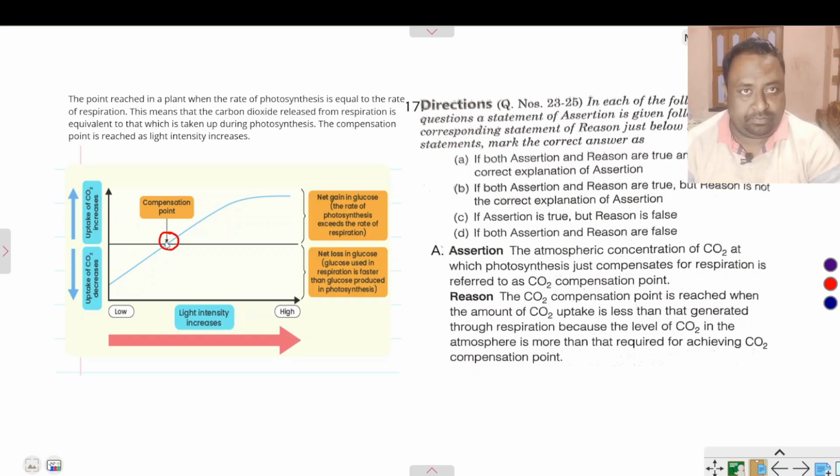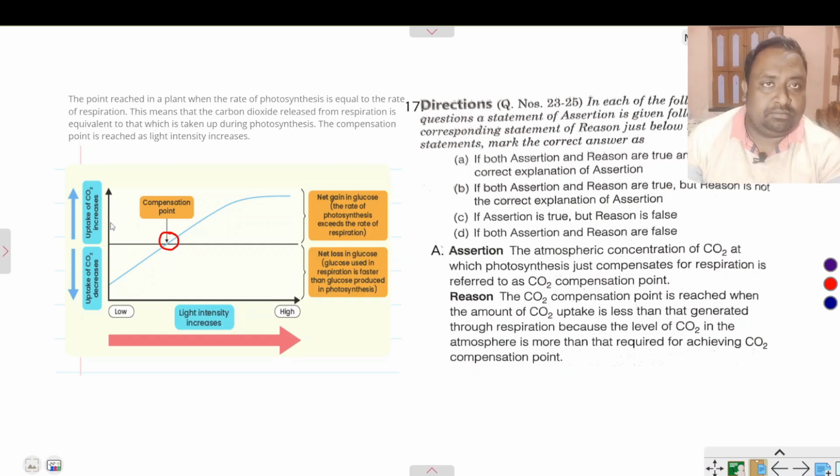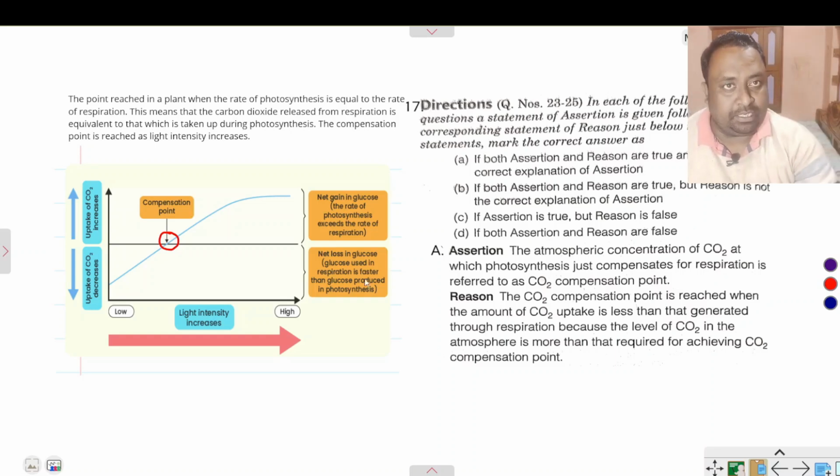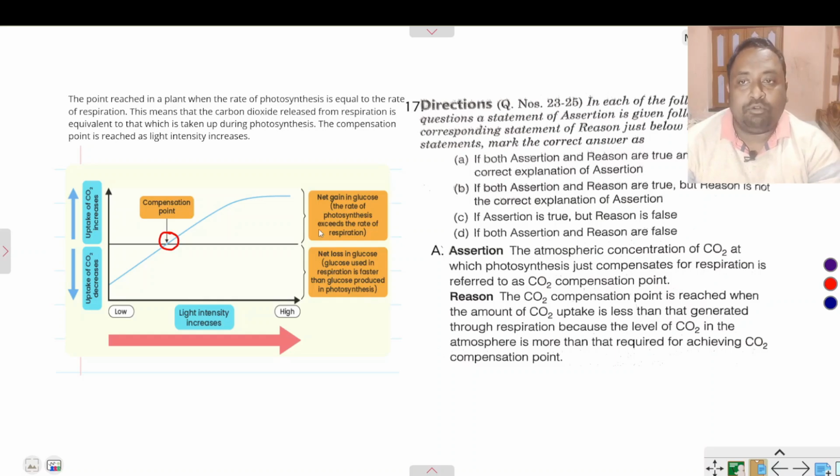Suppose the uptake of CO2 increases. At that time, there is a net gain in glucose; the rate of photosynthesis exceeds the rate of respiration. When more CO2 is absorbed from the atmosphere, that means more photosynthesis occurs than respiration.